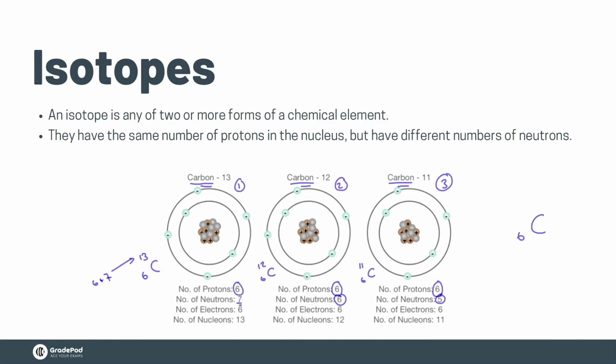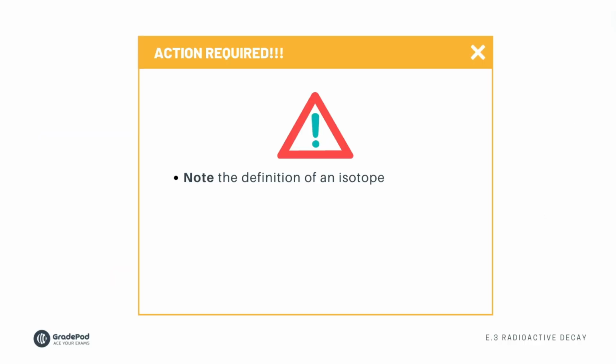All of these isotopes are still carbon, but they just have a different number of neutrons. And this is the definition of an isotope. It's a substance that has the same number of protons, but a different number of neutrons. So head to your revision note template and note down the definition of an isotope in the definition section.